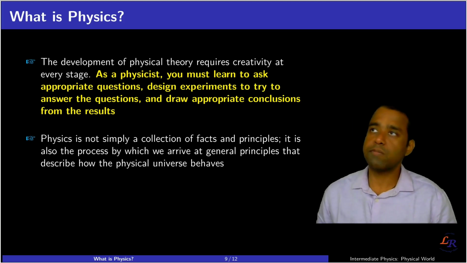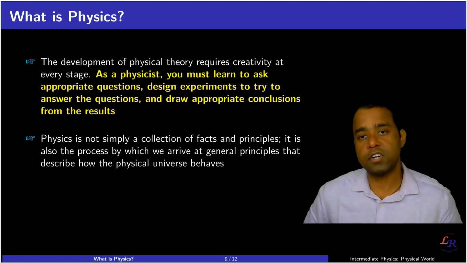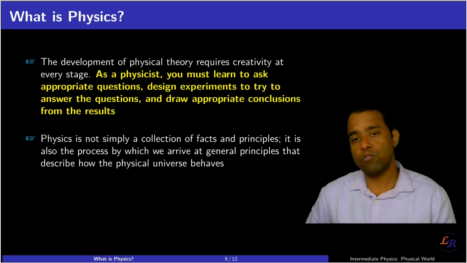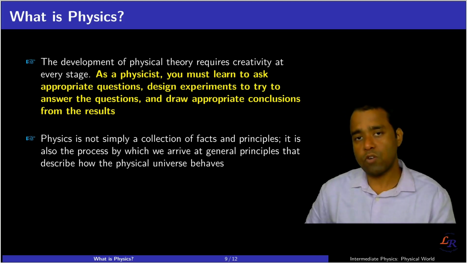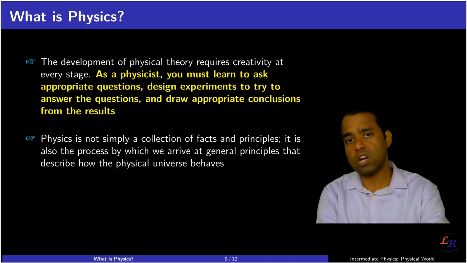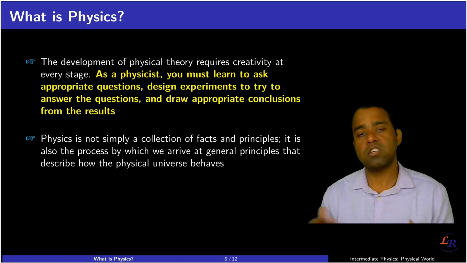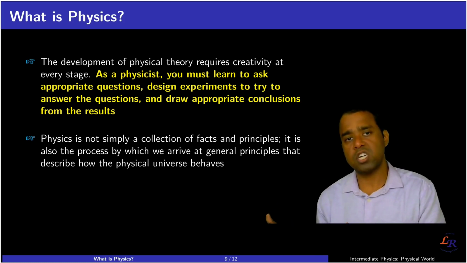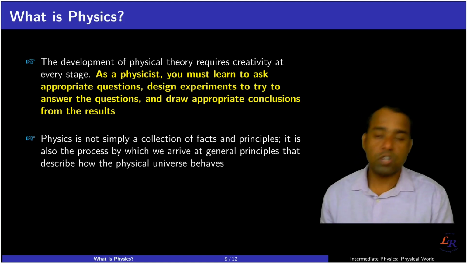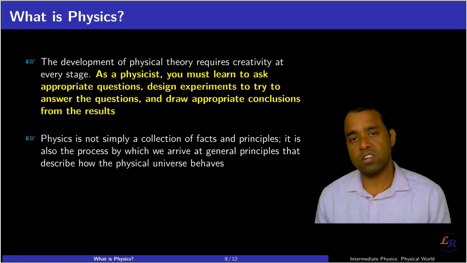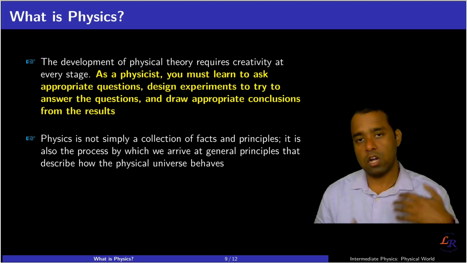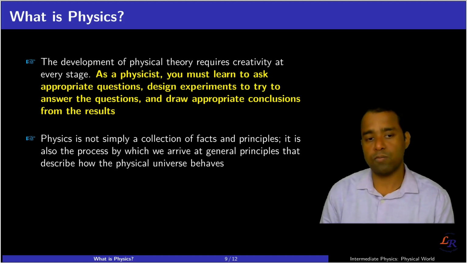For example, sometimes you may come across a new phenomenon and you are not able to explain it with the existing theories, and then you might have to come up with new ideas to explain it. Or sometimes you find something new that you are not able to explain, but it is not that it is not explainable. You may not know that a theory already exists, and you just have to correlate the existing theories and try to explain it, and see whether a certain modification is required, or whether you need a completely new exploration of theory and principle to explain this kind of thing.